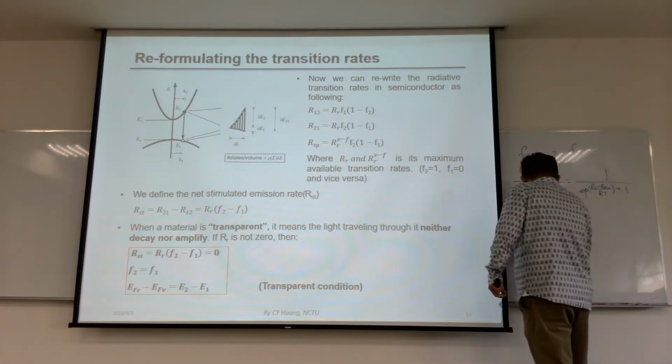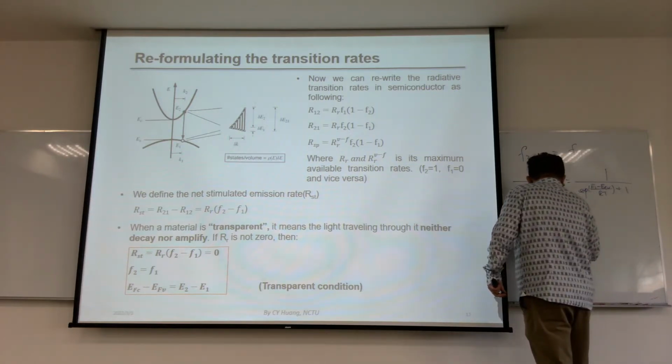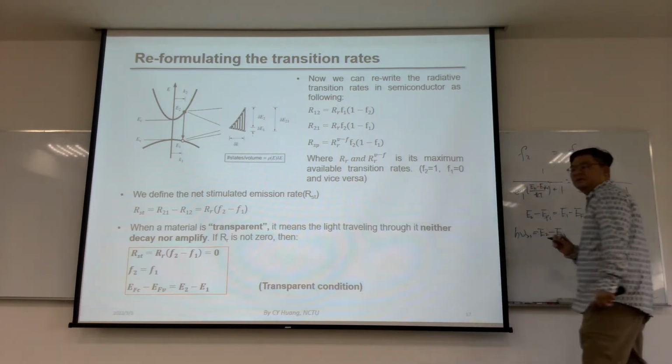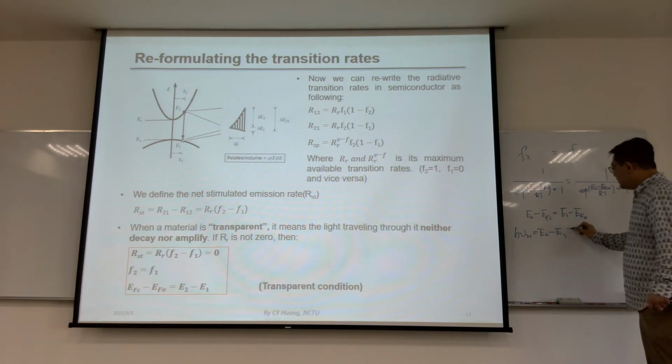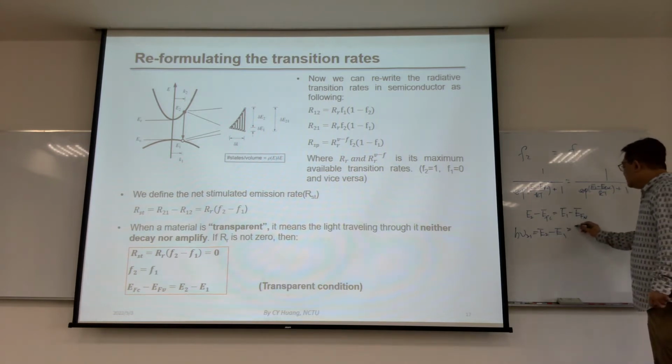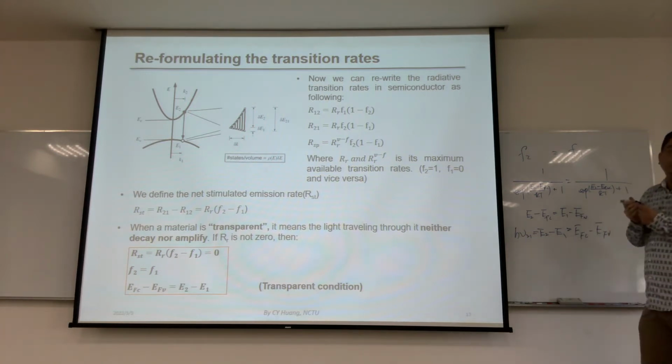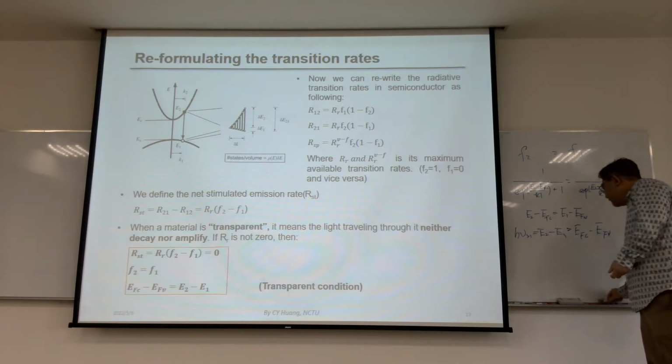So E2 minus E1, the frequency of such light, should be equal to the separation of the Fermi levels.